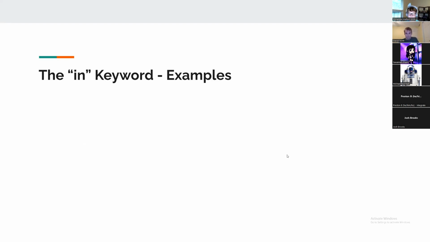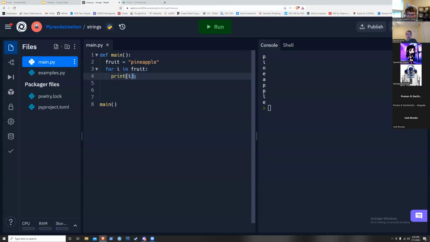Okay, so if we want to look at some examples of the in keyword, I'm just going to use this pineapple one because I have it up and I think it's funny. So we can say print, let's say apple, don't forget your quotes, apple in pineapple. Ah, not pineapple, we named it fruit, sorry.